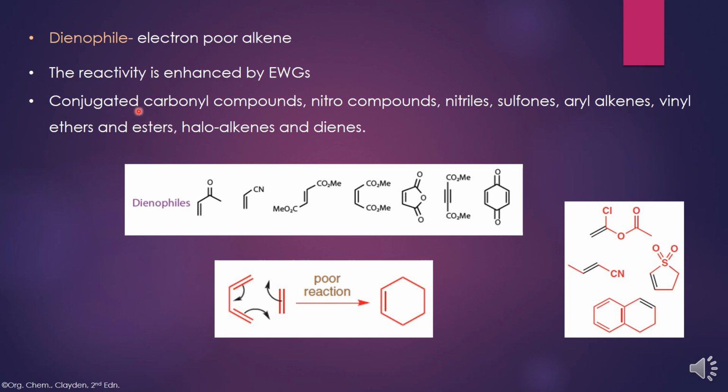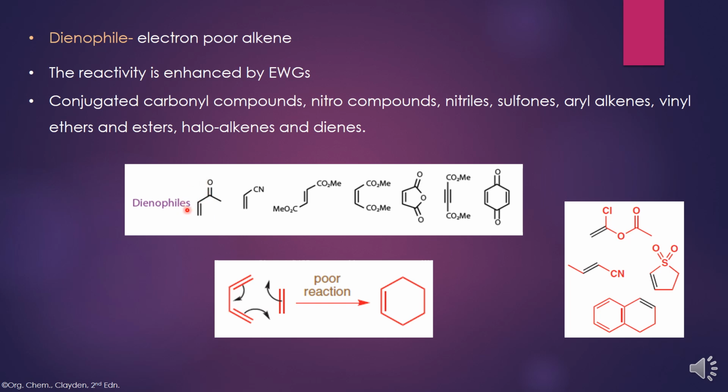So here it is said conjugated carbonyl compound. This is a conjugated carbonyl compound because the double bond is in conjugation with the carbonyl group. That means the double bond could shift here, and then this double bond shifts to here.